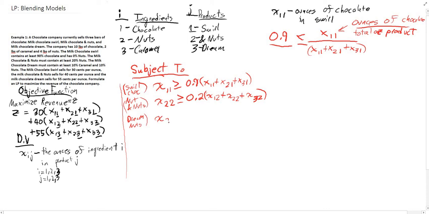The amount of nuts in product 3 has to be greater than 0.1 times the total product, or the total ounces in that product. And we need to know that dream caramel, the total caramel in product 3, has to be greater than 0.1 times the total product itself.